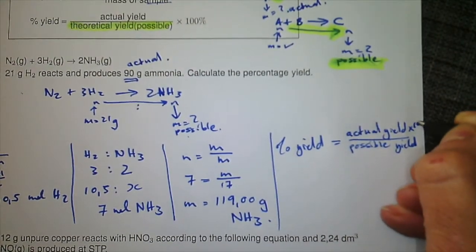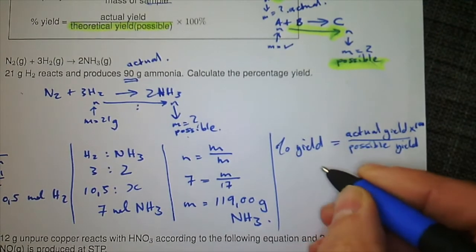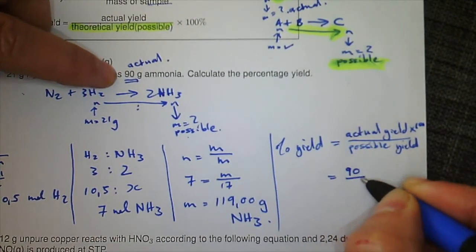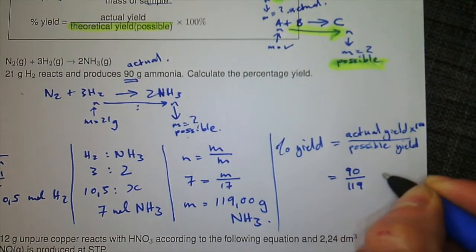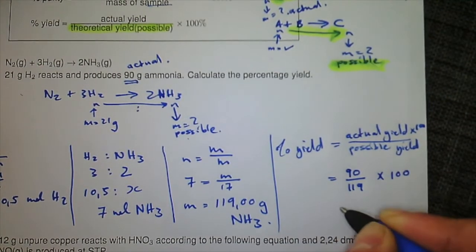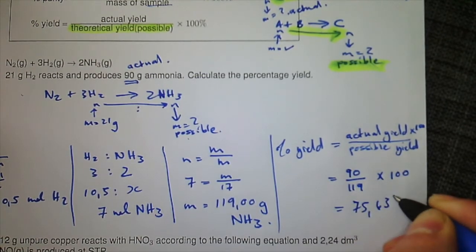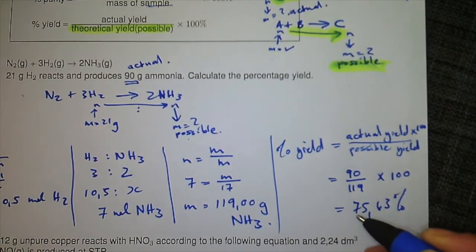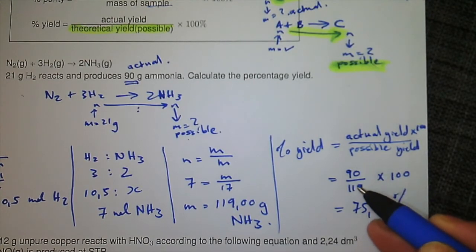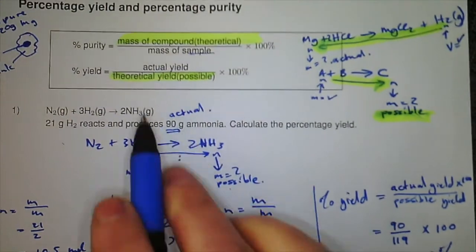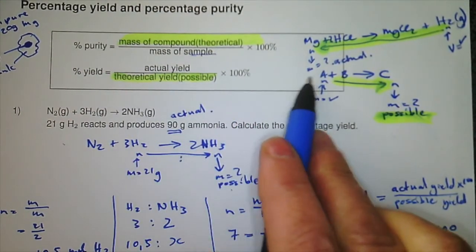So here the actual yield was 90, out of a possible 119, and that tells me there's a 75.63 percentage yield. I only produced 90. I could have produced 119. So that was one example of percentage yield.